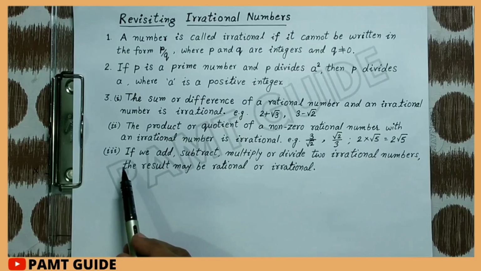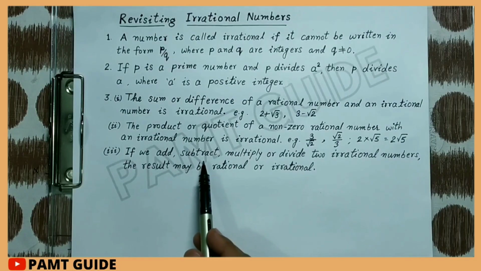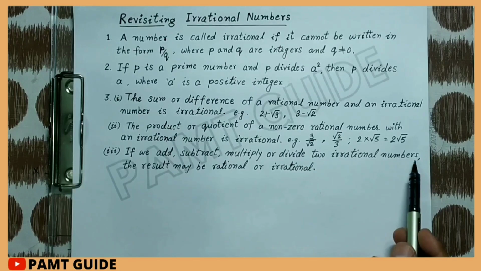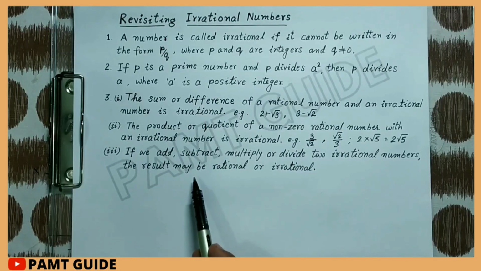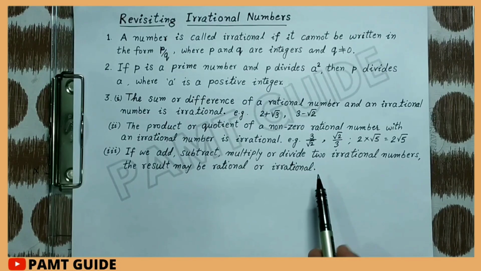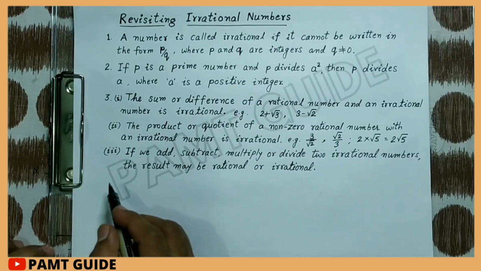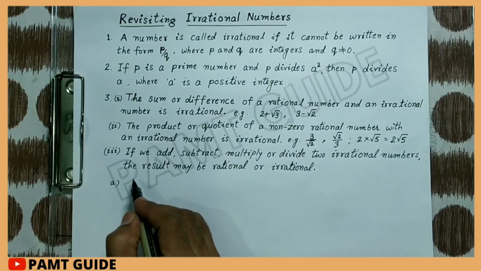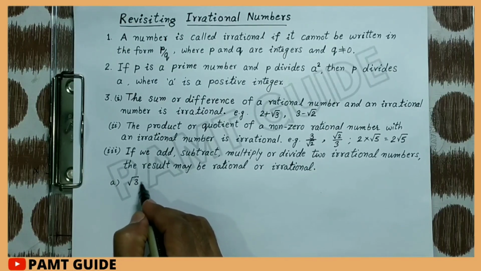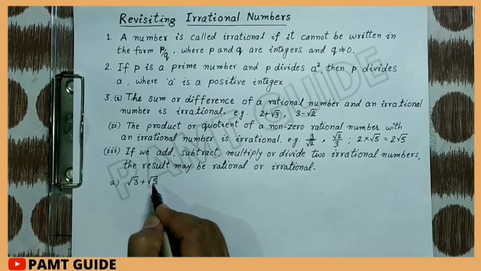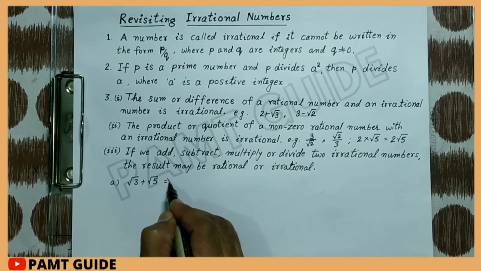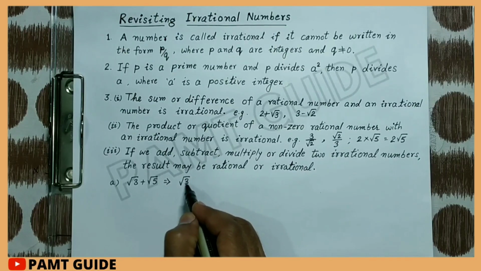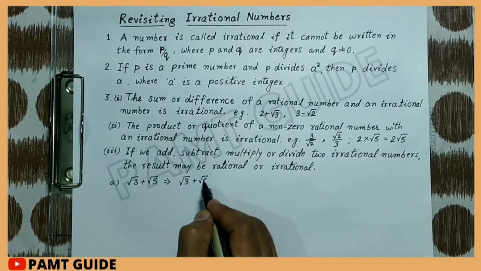And the third rule is, if we add, subtract, multiply or divide two irrational numbers, the result may be rational or irrational. For example, root 3 plus root 5 remains the same, root 3 plus root 5.